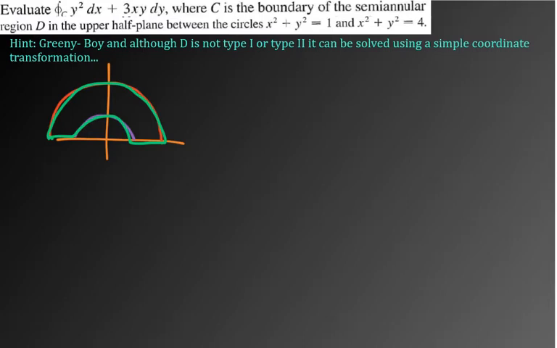An annulus is like a donut, basically a two-dimensional donut, and so semi-annular is like a rainbow.